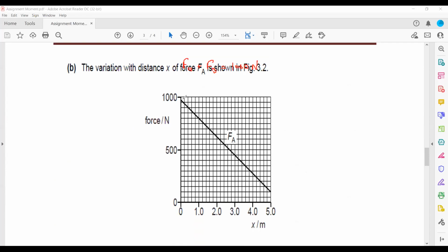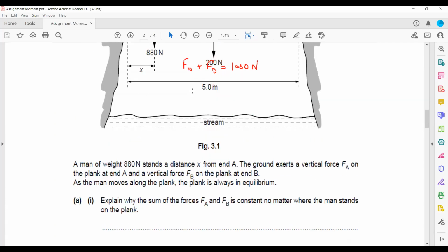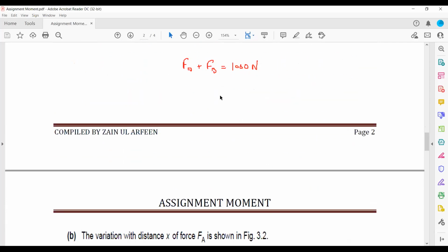So what does it appear? If each box is representing 50, FA appears to be 950. So if FA is 950, what should be FB? Because the total sum is 1080, as 880 and 200, so 1080 is there.